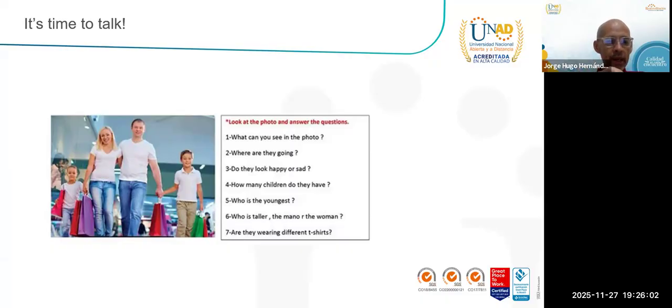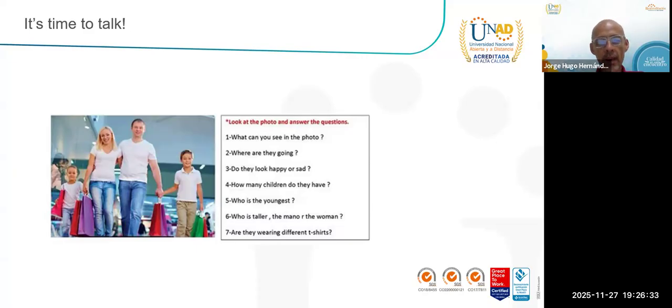Maybe you can be very careful when you look at the photo and you can see each one of their faces, and you see, okay, the boy is happy, however, the girl is sad, no? And you can say why she is sad. You don't have any idea about what is happening there, but you can deduce, you can suppose, you can imagine something about that.